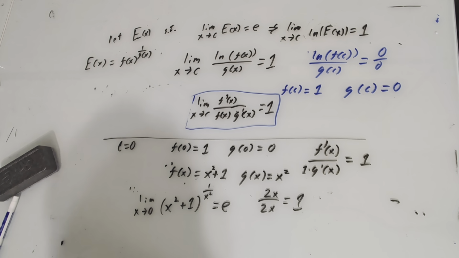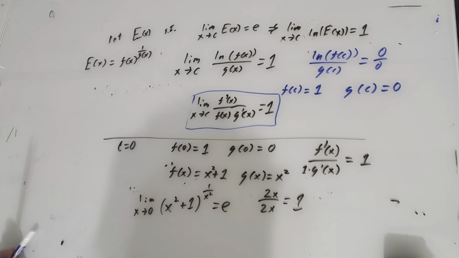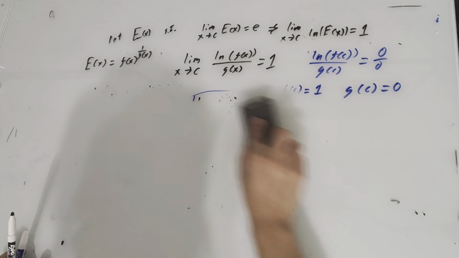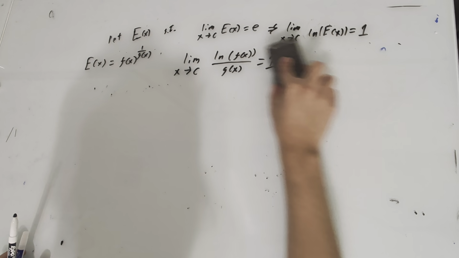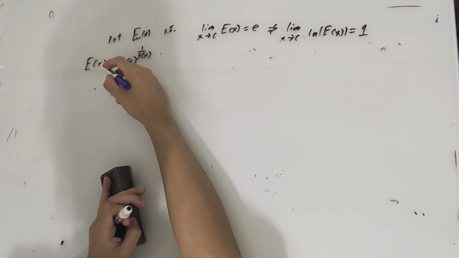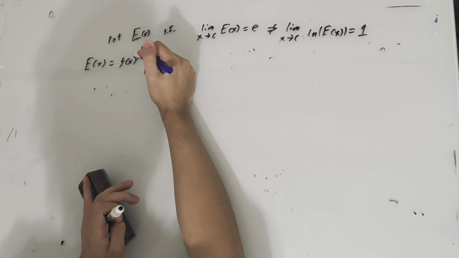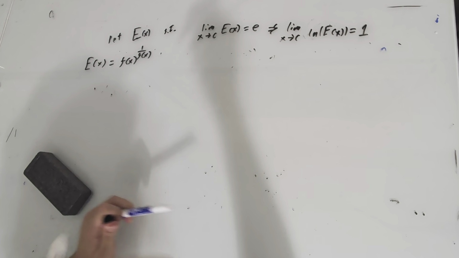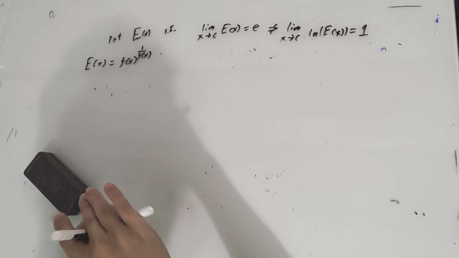But yeah, so let's do a quick recap. All right, so we can construct a function e such that f of x to the power of 1 over g of x, right?